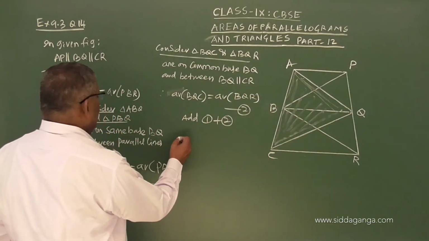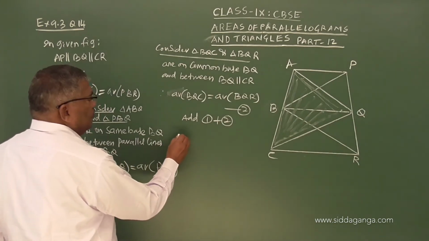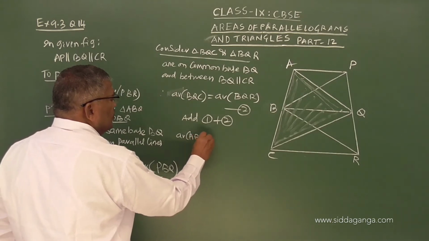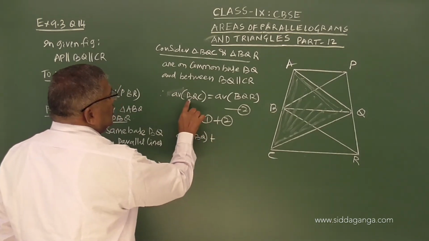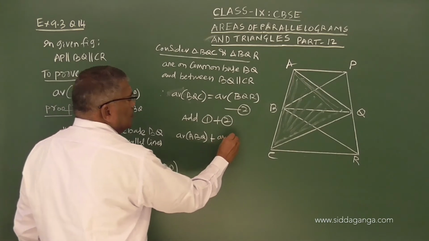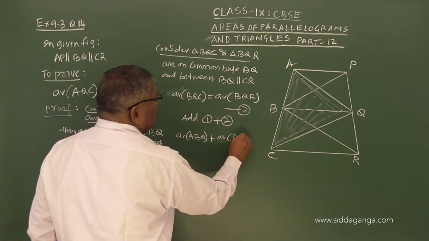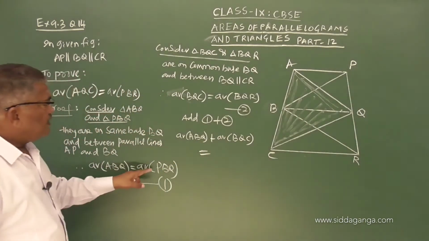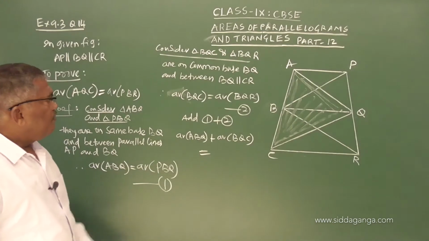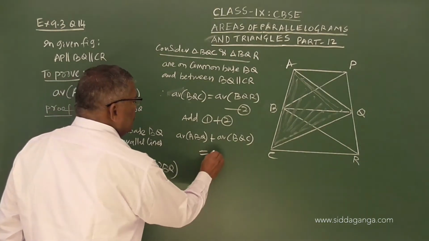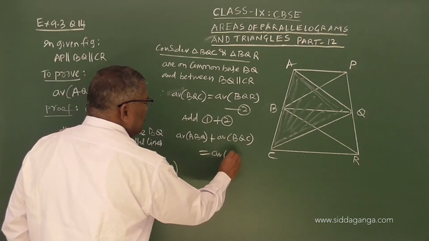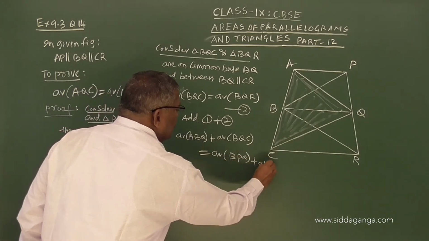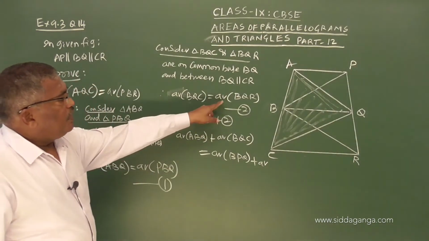So area ABQ plus area BQC will be equal to, right hand side, area BPQ plus area BQR.